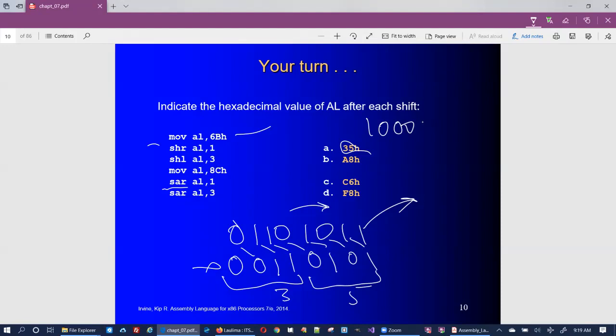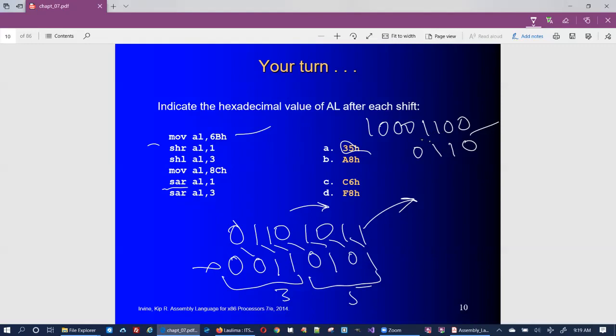C is 1, 1, 0, 0. And you're doing an arithmetic right shift once. So it's a right shift, so this goes away.